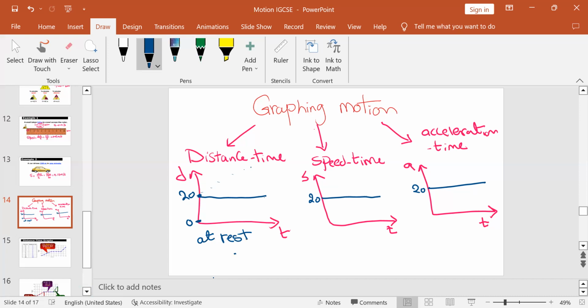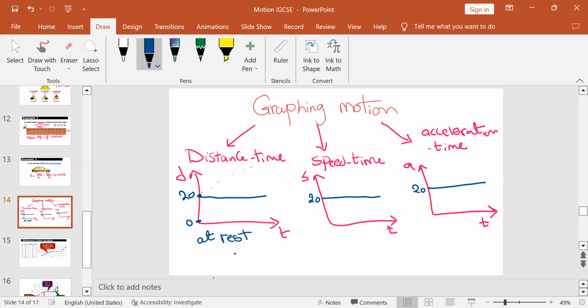So let's go to the second graph. It's a speed time graph. What do you think here?